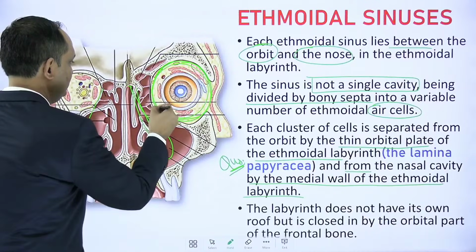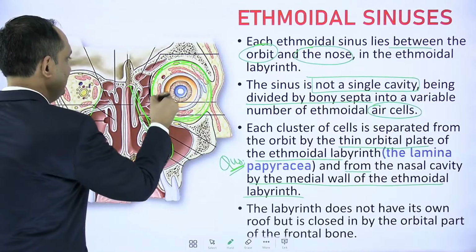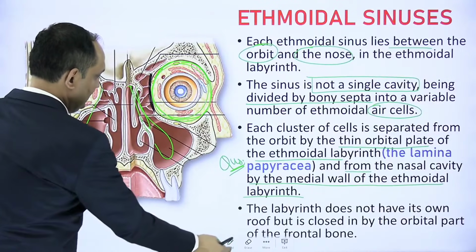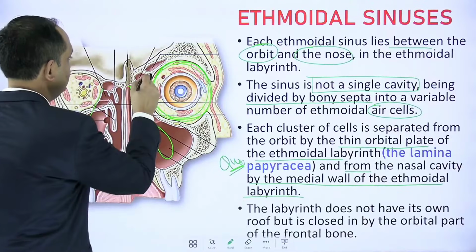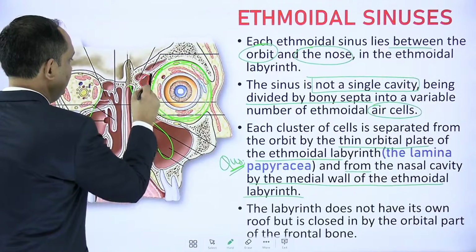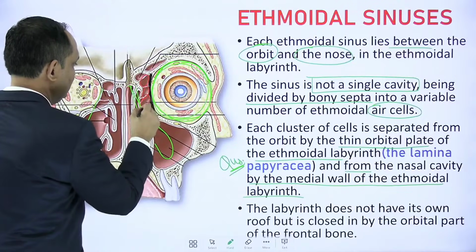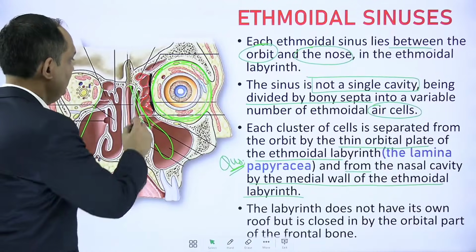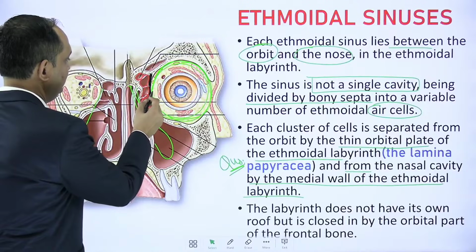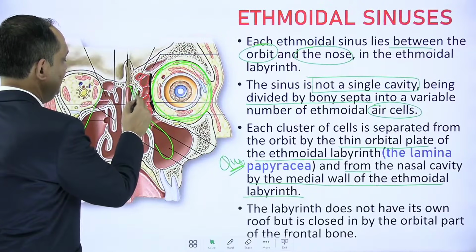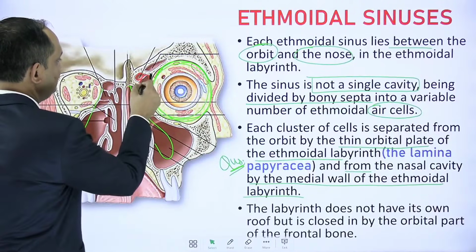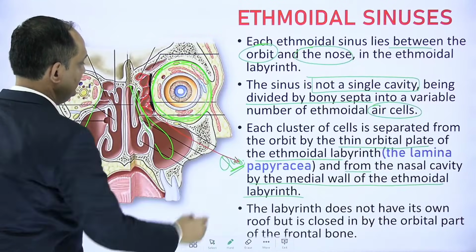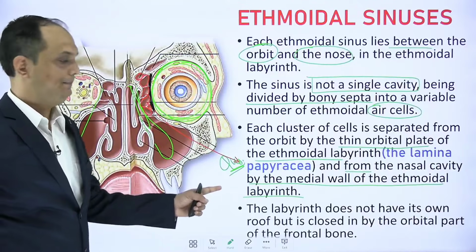This bony plate is known as lamina papyracea because deep to it you can appreciate a number of small pockets which are full of air. These pockets are known as ethmoidal air sinuses. The ethmoidal air sinuses are located between the medial part of the orbit and the lateral wall of the nose, and they are separated from the orbit by a bony plate, known as lamina papyracea.